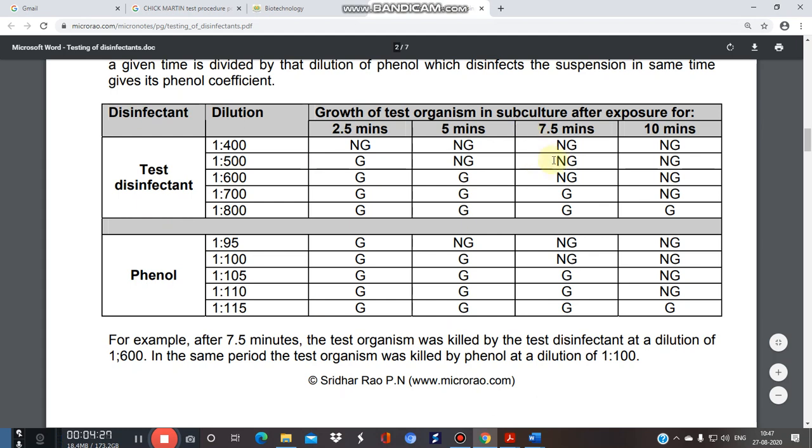Yes, after 7.5 minutes the test organism was killed by the disinfectant at a dilution of 1:600. Yes, in the same period the test organism was killed by phenol at a dilution of 1:100. Let's see. Yes, time is 7.5 minutes, dilution is 1:100 of phenol.